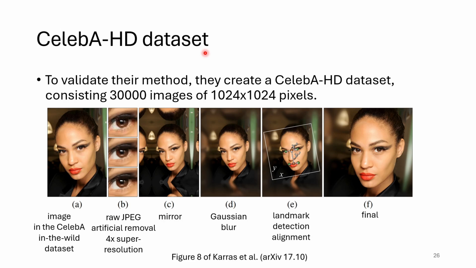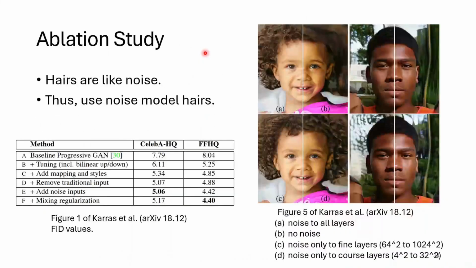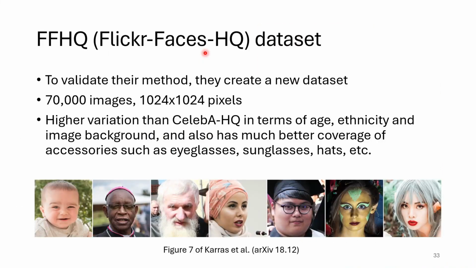And are there very old people in the dataset? No. Are there Muslims in the dataset? No, because all of them are celebrities, movie stars and athletes. So the variety of this dataset is limited. So they need to create another dataset, FFHQ.